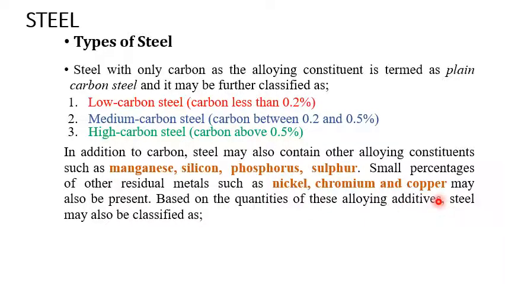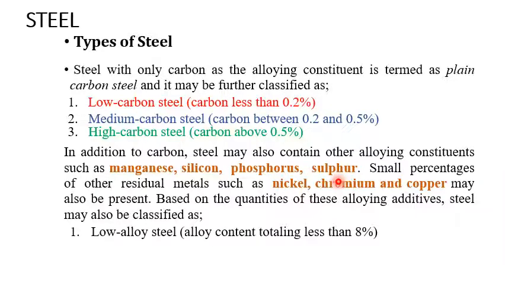Now we need to know, by adding these alloying elements, what properties of the steel are going to change, and how we are going to identify that by looking at the name of the steel. When we add different alloying elements, we classify the steel into two categories.